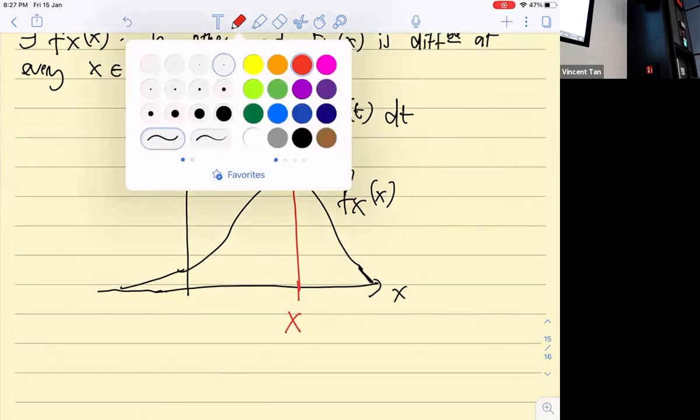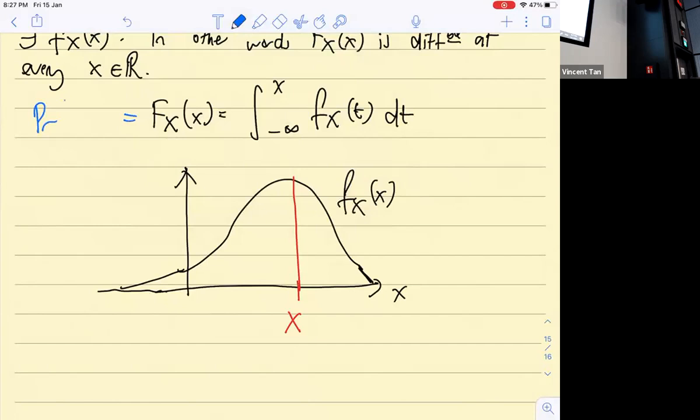What is the meaning of this? This is nothing but the probability that X is less than or equal to x. So I will integrate all the way from the left-hand side up to x. So that's implementing this formula. I think most people have seen this before.